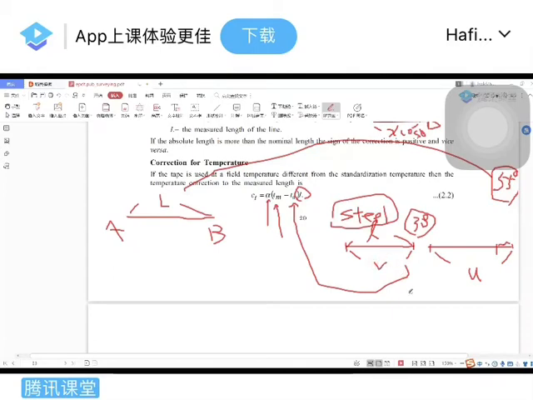So let me correct this: U and V, right? Now use the physical U to do the measurement, and the reading, suppose, is L. By repeated and consecutive measurement, in total you get L from the distance A to B.